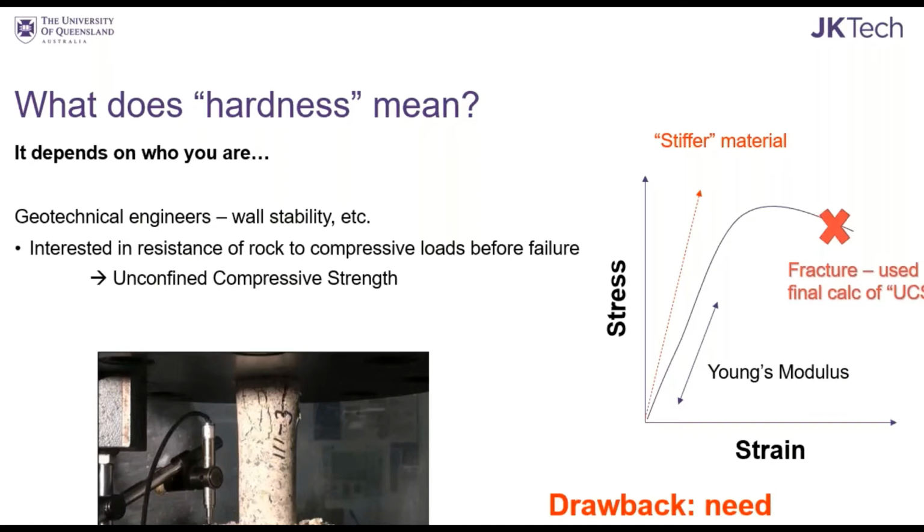The test uses full core samples, and as you can see in the picture, the core is compressed to determine the capacity of that particular ore to withstand directed crushing forces. The stress and strain are measured until the core fails, and then you get a reading in megapascals.